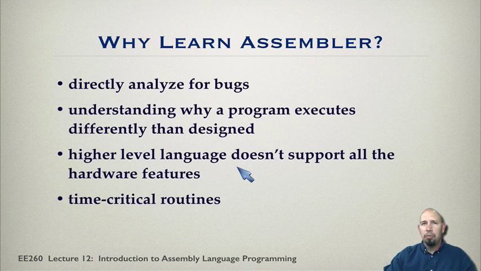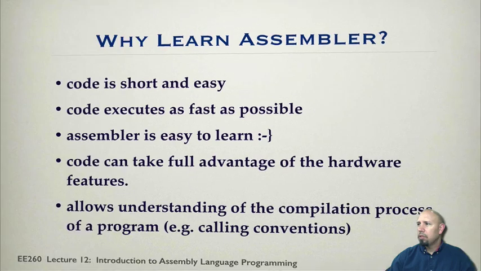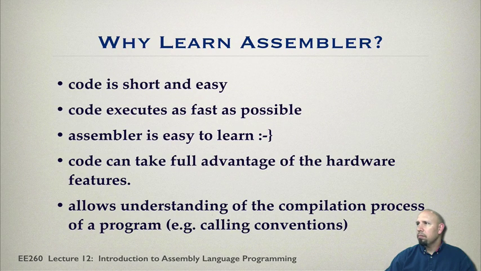And then of course there are time critical routines. In assembler, you can write the routines as quickly as possible to operate. In the assembler, code is short and easy, so that's always good. Code executes as fast as possible.